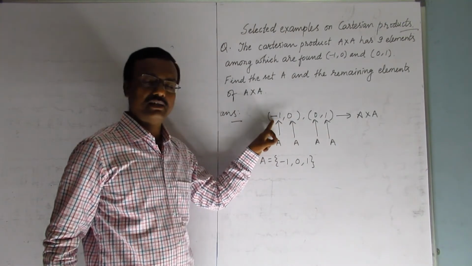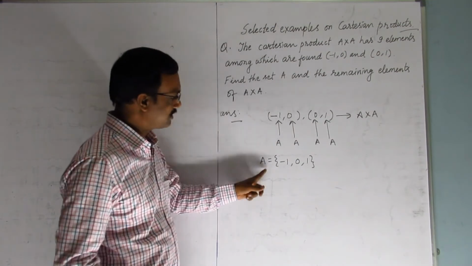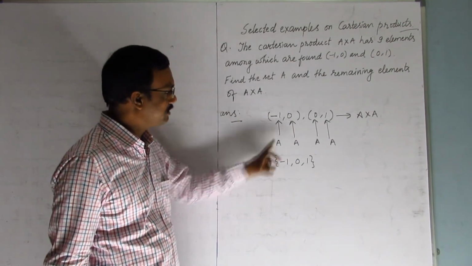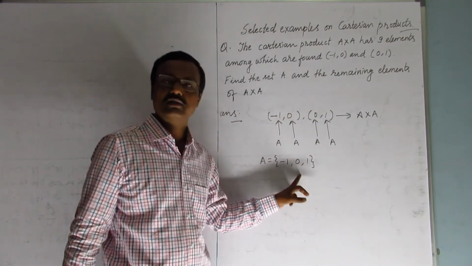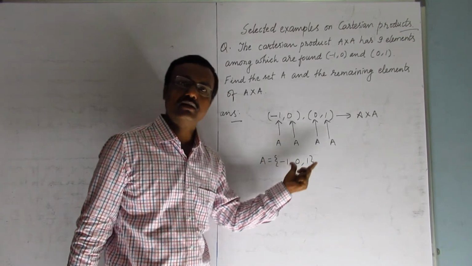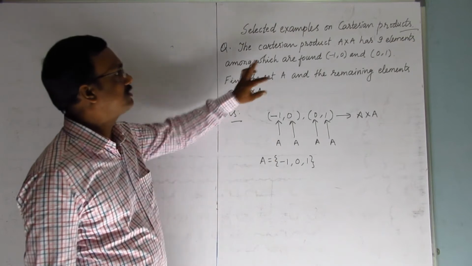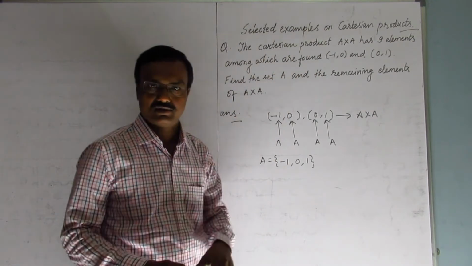So first place elements are from set A and second place elements are also from set A. So we can guess that -1 is there in A, 0 is also there in A and 1 is also there in A. Now, they have given that the Cartesian product A × A has 9 elements.